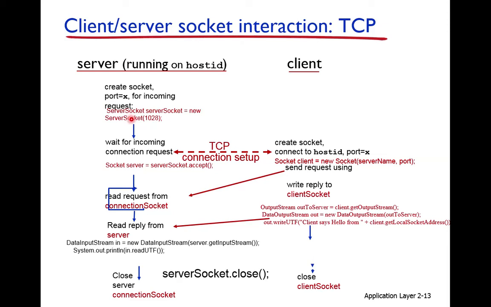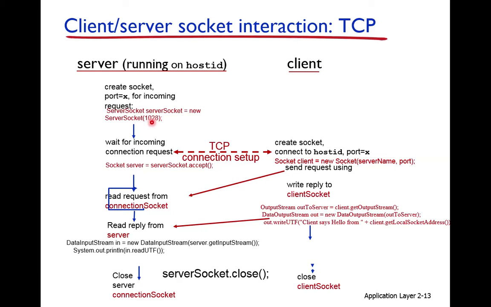But if we specify the IP address, for example 1.1.1 and port number 1028, it will only accept data that arrived for the IP address 1.1.1 and port number 1028.